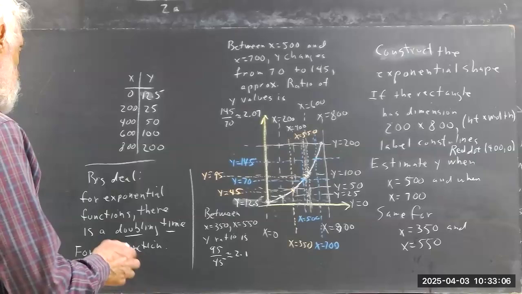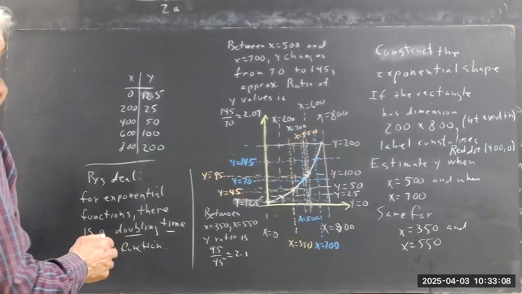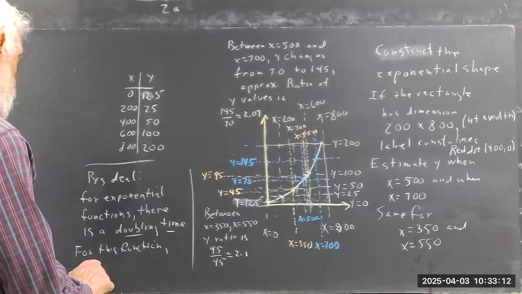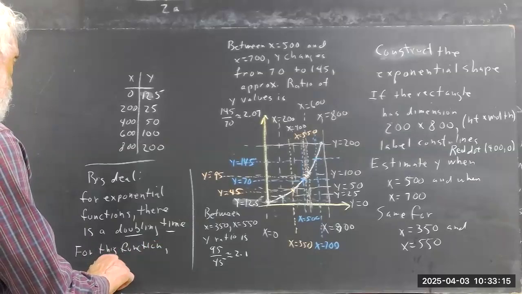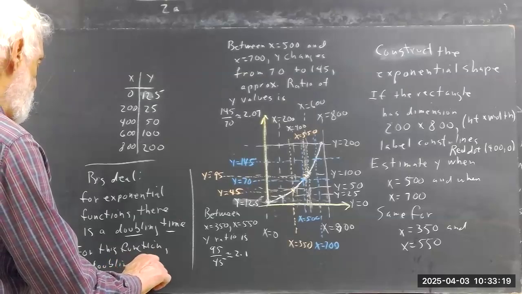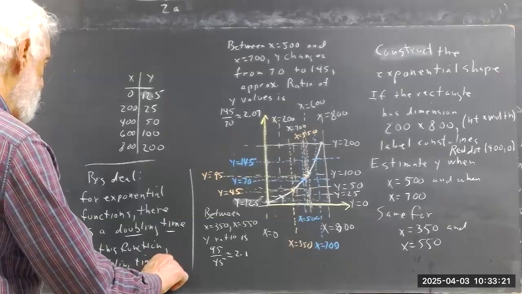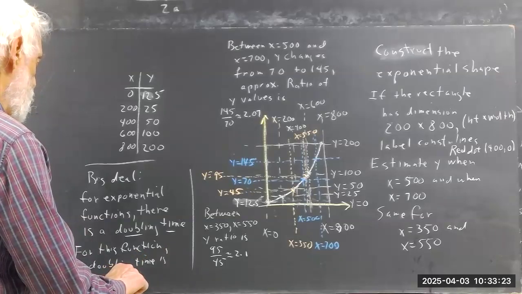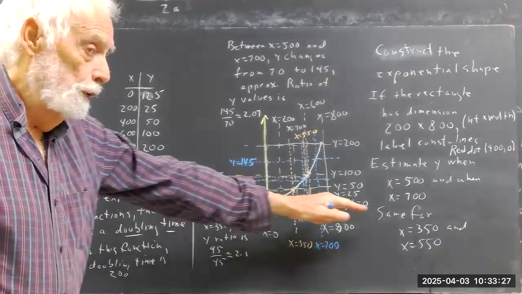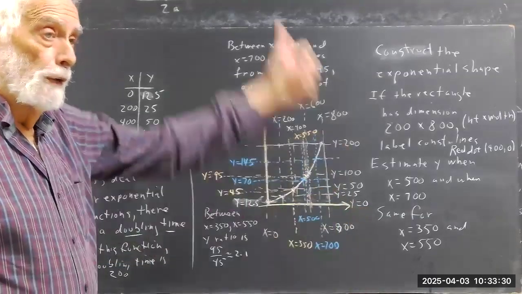We're going to see the formula for that function in a minute, but for this function, doubling time is 200. Every time you move 200 units in this direction, the value doubles.